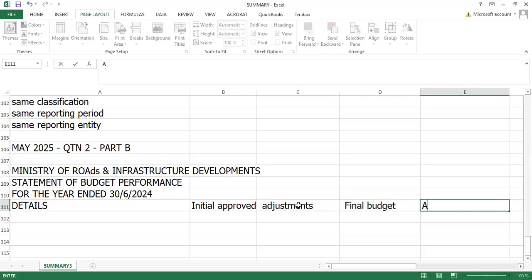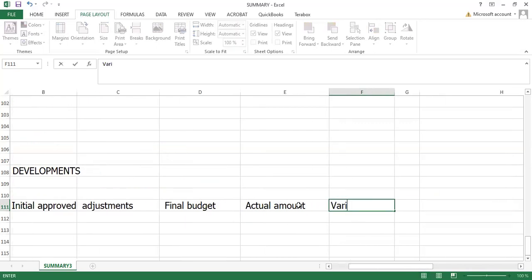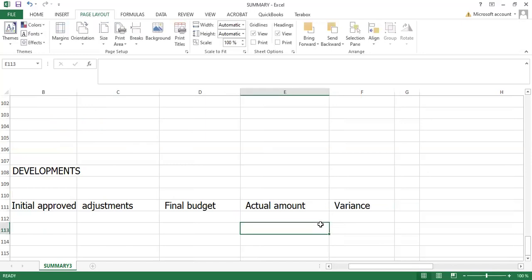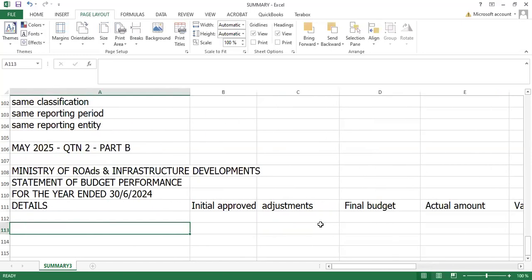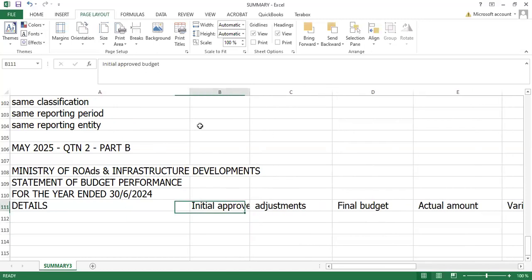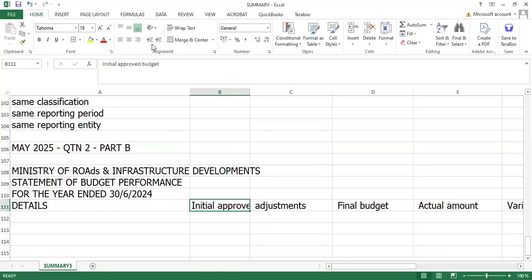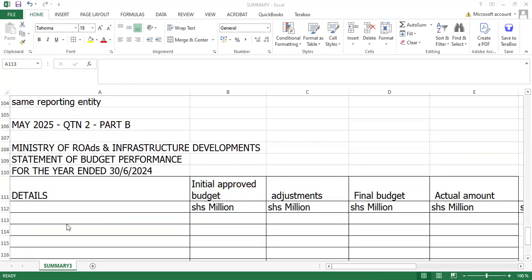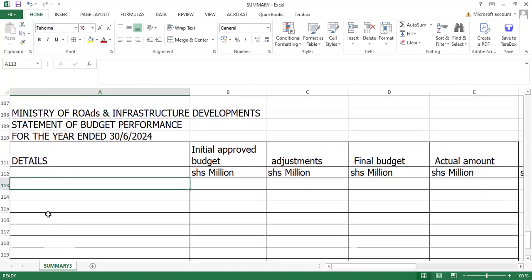The final budget, you have the actual amounts, not actual budget. Then you have the variance. Okay. So we have the revenue sources.